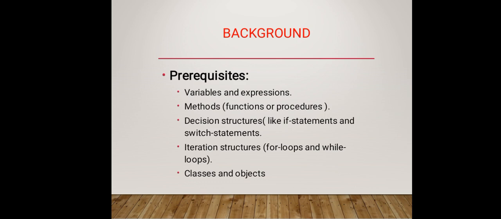Iteration structures are for loops or while loops. Then we also have classes and objects. These are some of the things used in computer programming, because a computer usually responds to a certain language, which is the programming language.